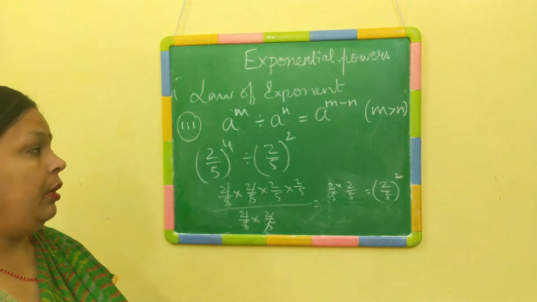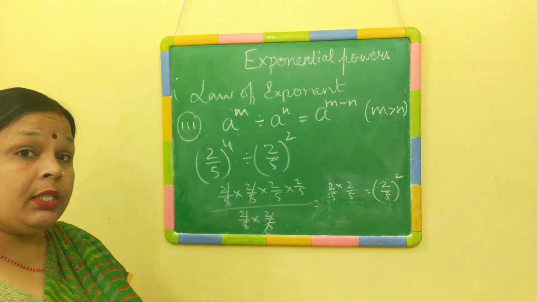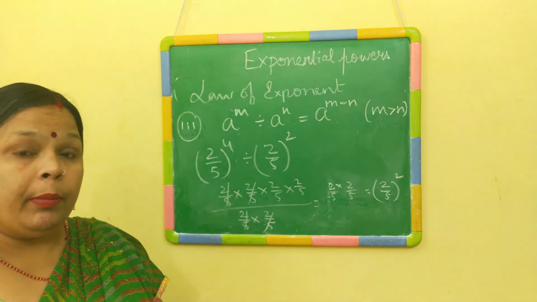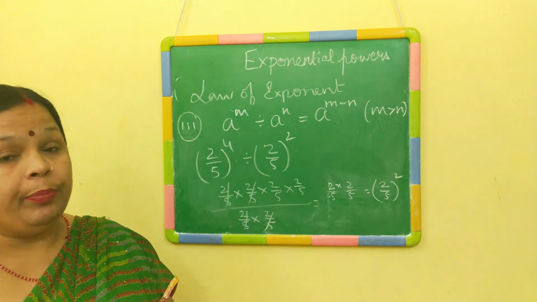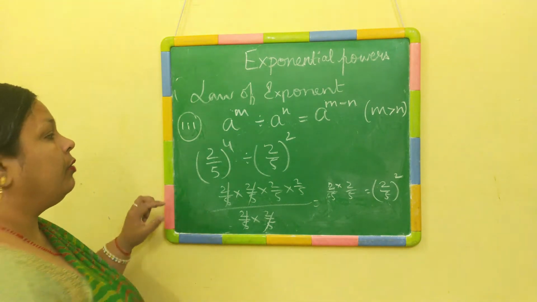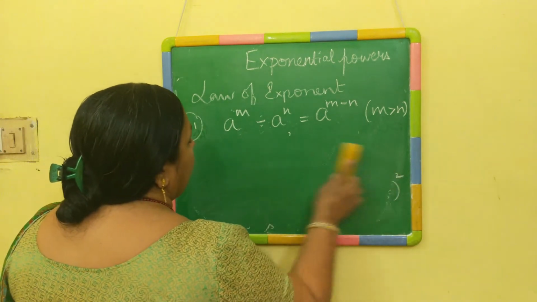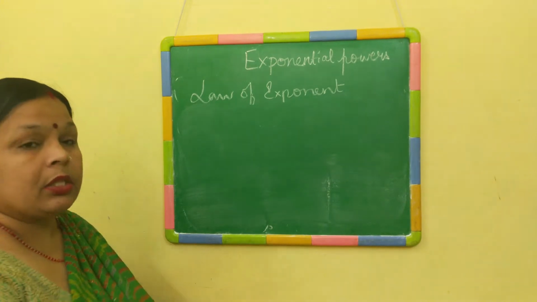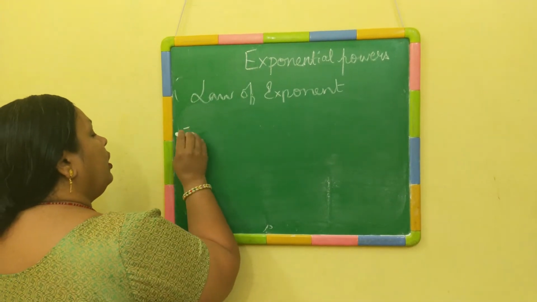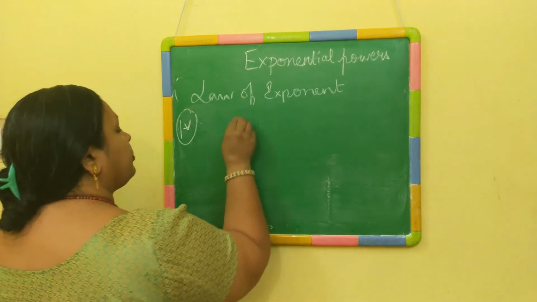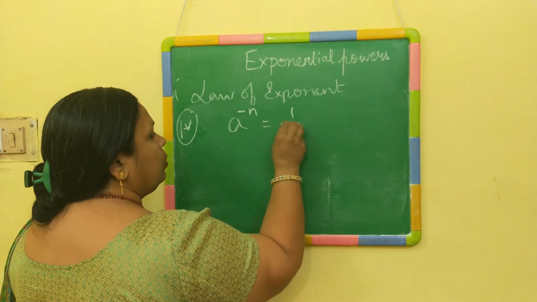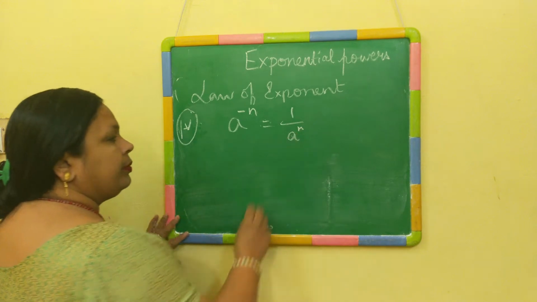where m is greater than n. Now let's consider the example where m is less than n. Before going to that, we need to go for the fourth law of power and exponent. The fourth law says a power minus n is equal to 1 by a power n.